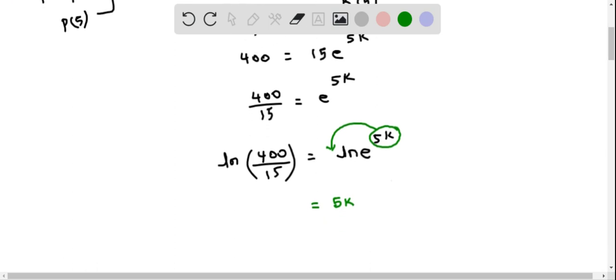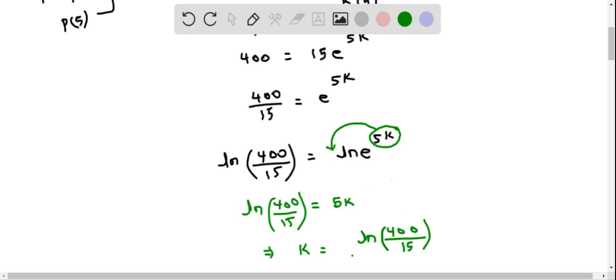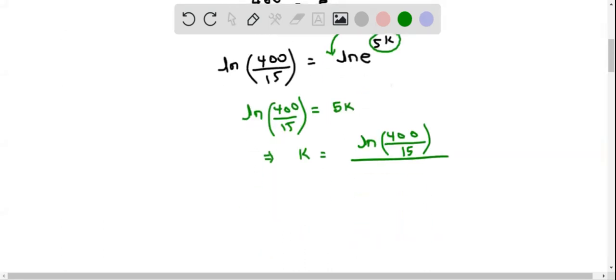On the left side, we have the natural logarithm of 400 over 15. So solving for k using this equation, we get k equals the natural logarithm of 400 divided by 15, and this is divided by 5.